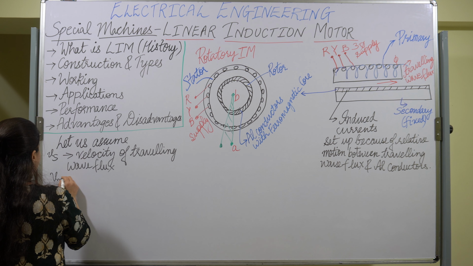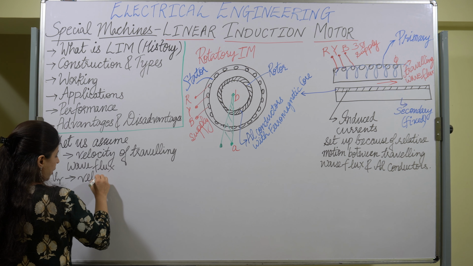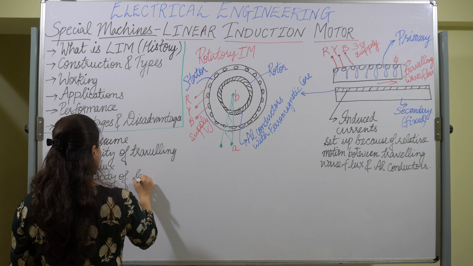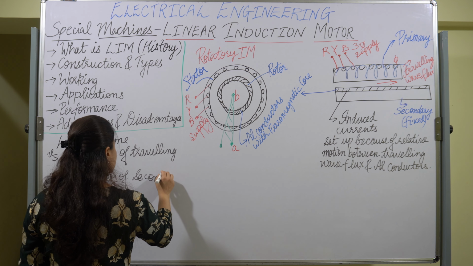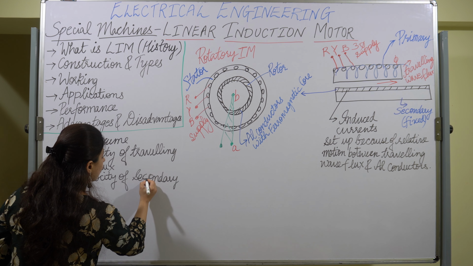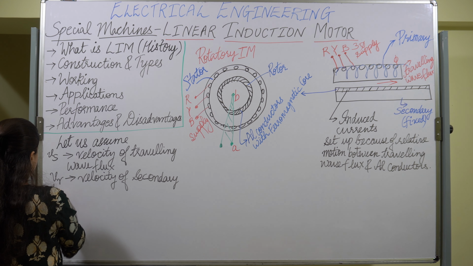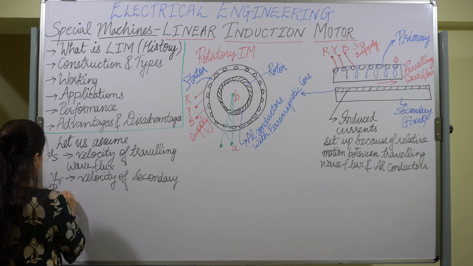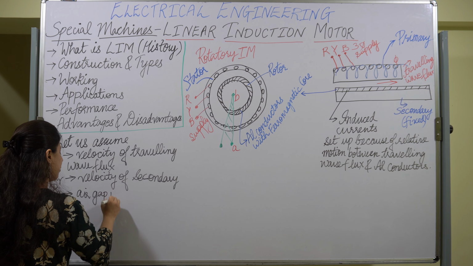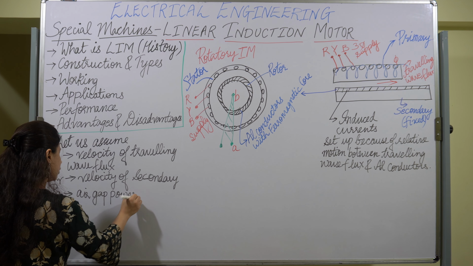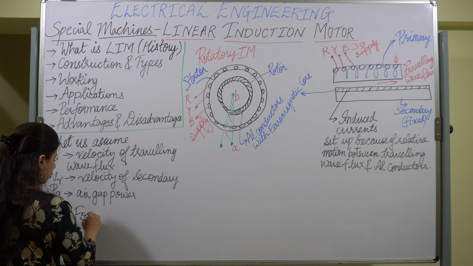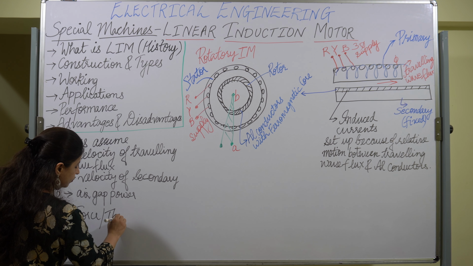Okay, then Vr, velocity of secondary. Then we will be having the power Pg, which is the air gap power, and we will be having the force, which is also known as the thrust over here.